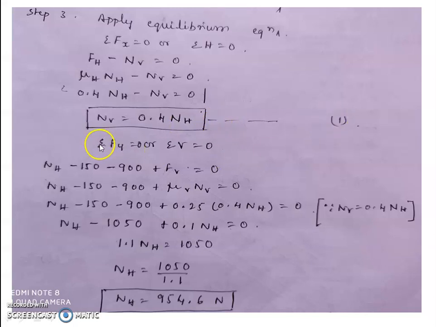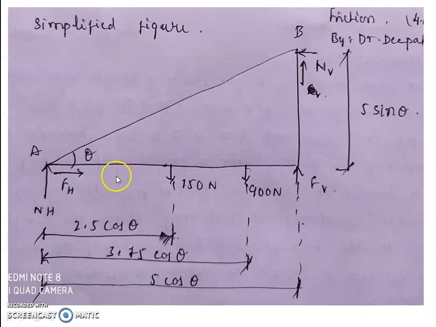Now I will consider all the vertical forces equal to 0, or summation of forces in y direction equal to 0. What vertical forces are acting? One is NH upwards, hence it is positive. Another is the weight of the ladder, acting downwards, 150 Newton, this is minus. 900 will be minus because it is a weight placed on the ladder and I resolved it into a vertical component.